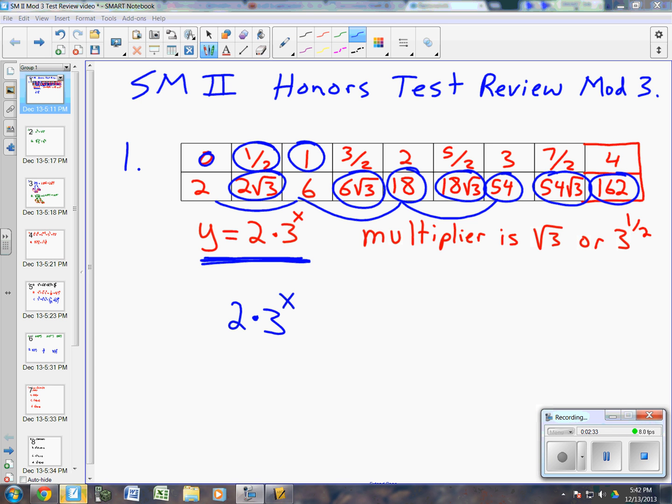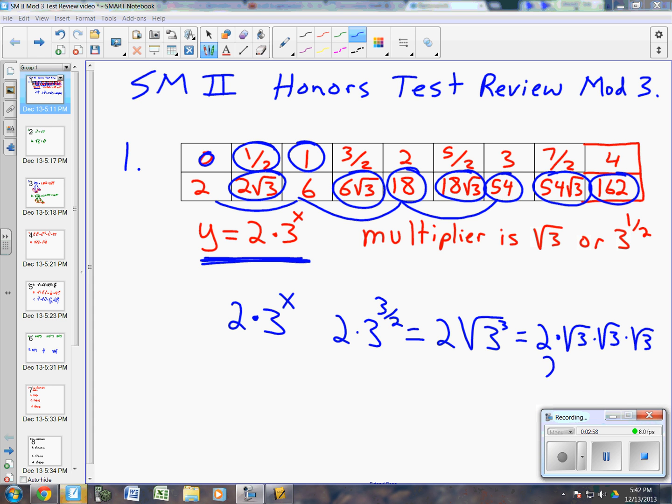And if we put in 3/2 power, 2 times 3 to the 3/2 power, that is 2 times the square root of 3 to the 3rd. Well, we already know that means 2 times root 3 times root 3 times root 3.